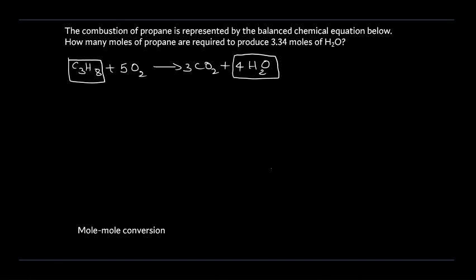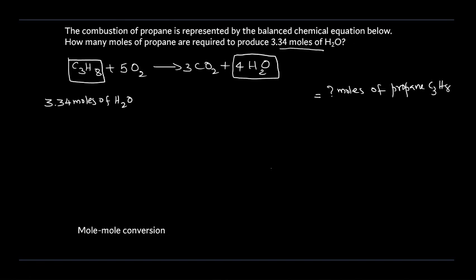And then what I will do, I will start with the given quantity, which is 3.34 moles of water. And we have to find how many moles of propane. So propane is C3H8.